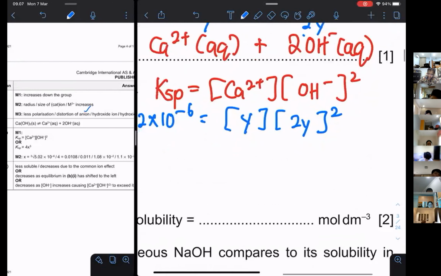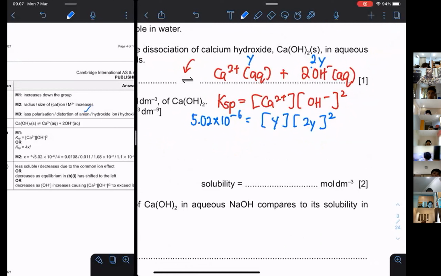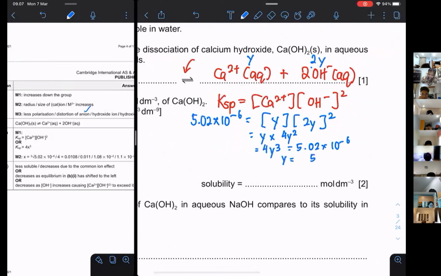Once you get that, we just want to find Y, the solubility. Y times 4Y squared gives you 4Y to the power of 3, which is 5.02 times 10 negative 6. You just need to find Y, which is 5.02 times 10 negative 6, divided by 4, then cube root.